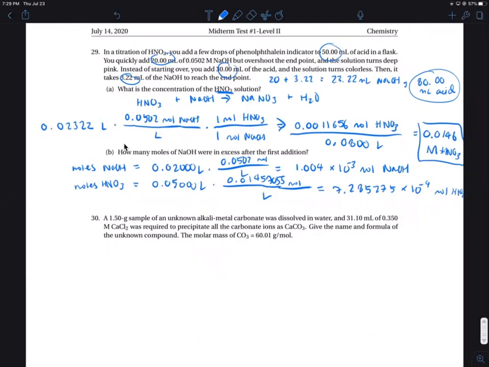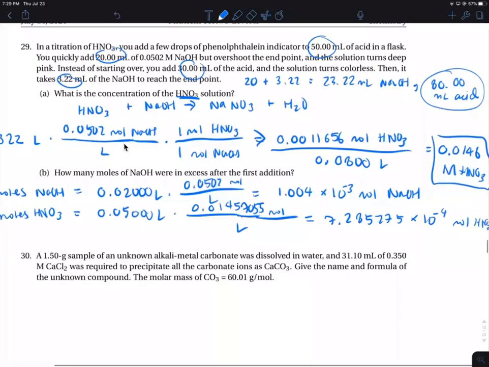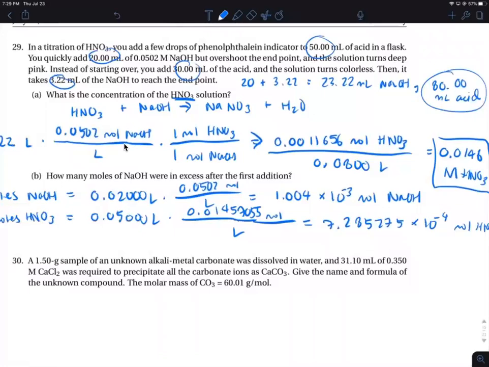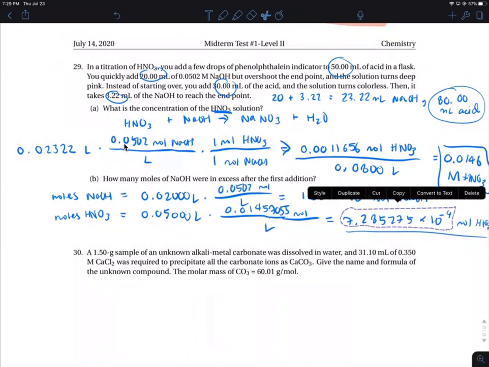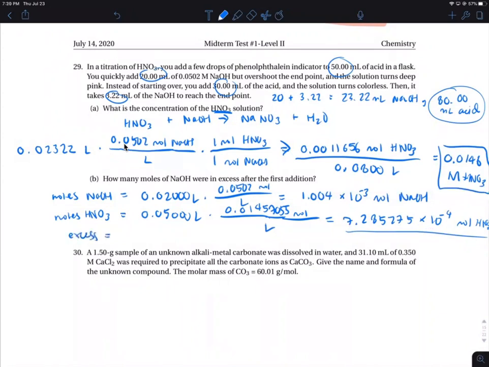So this pretty much tells us that the number of moles needed to titrate this many moles of HNO3 is just the same number of moles of NaOH. So that means the excess is just going to be the moles added minus the moles required for the reaction.